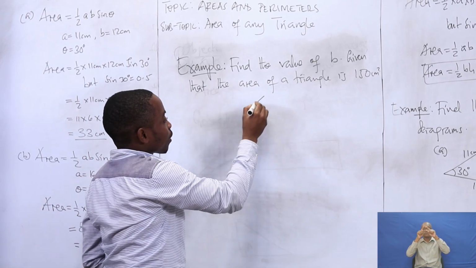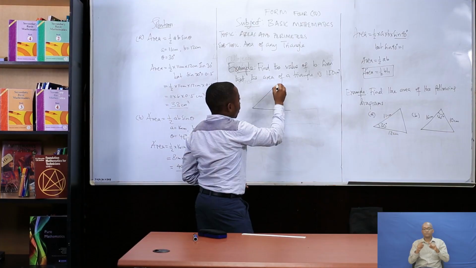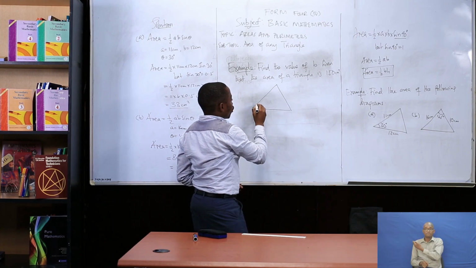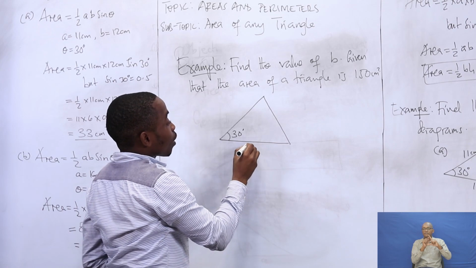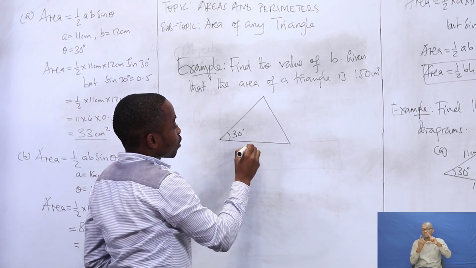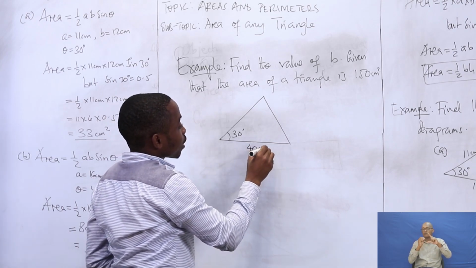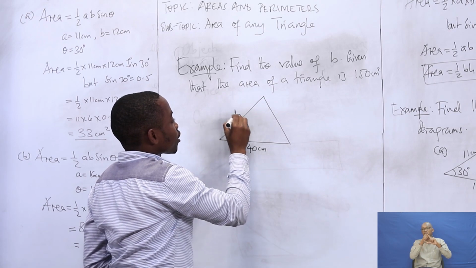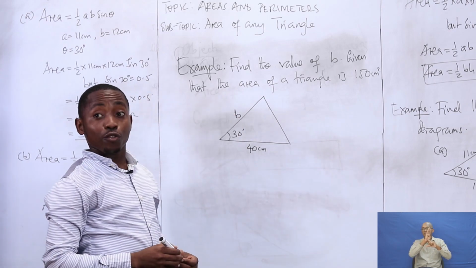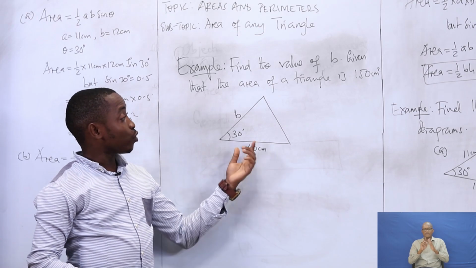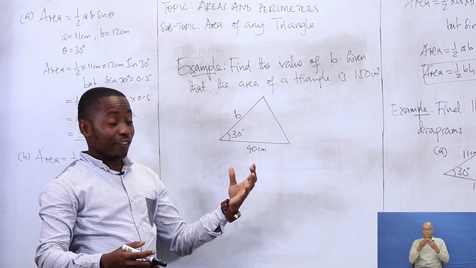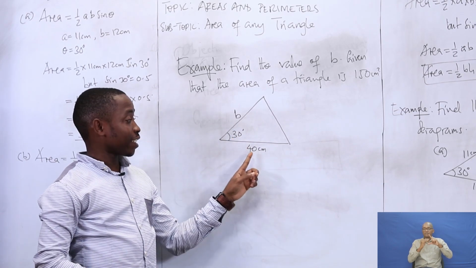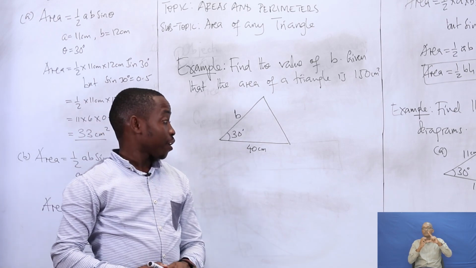Our diagram is like this. The angle between the sides is 30 degrees. You have the first side, which is 40 centimeter, but the second side is B. So we need to find the value of B.